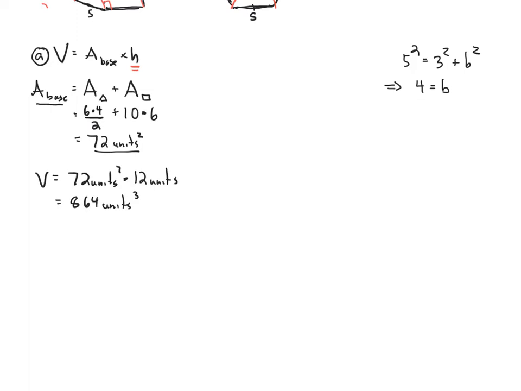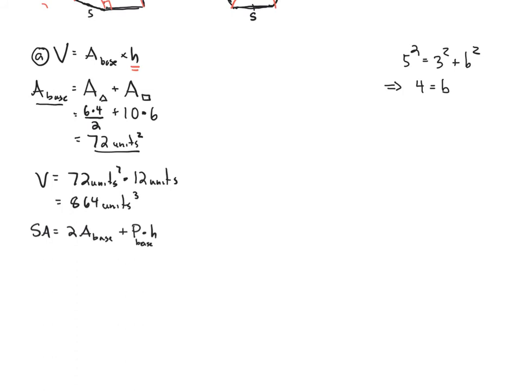Okay, that's great. Now let's do the surface area. Remember, the surface area formula is 2 areas of the base, which we just figured out, plus the perimeter times the height. And I should say perimeter of the base, just to make it clear. Perimeter of the base times the height.